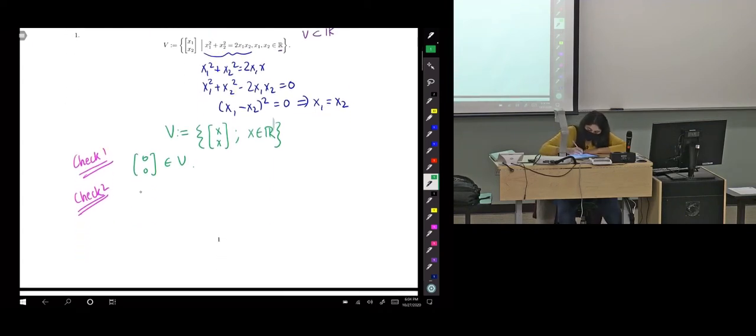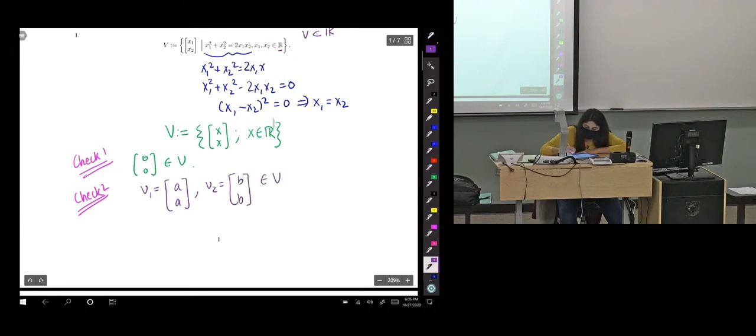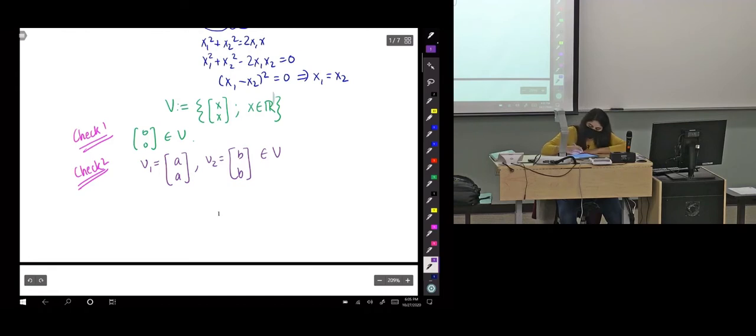So let's say I define V1 equals some A, and V2 equals some B. They both lie in the set V. And now I want to see if V3 equals alpha A plus beta B also lies in V.